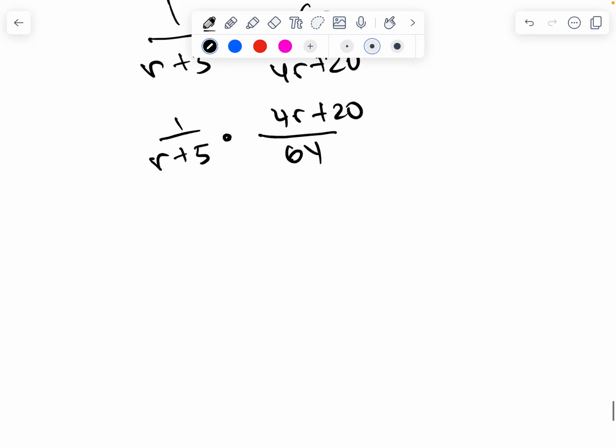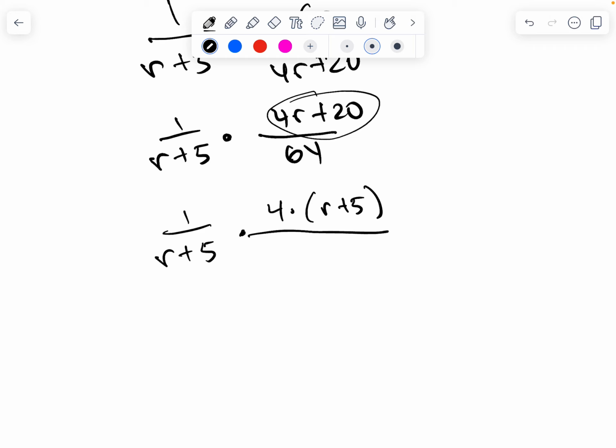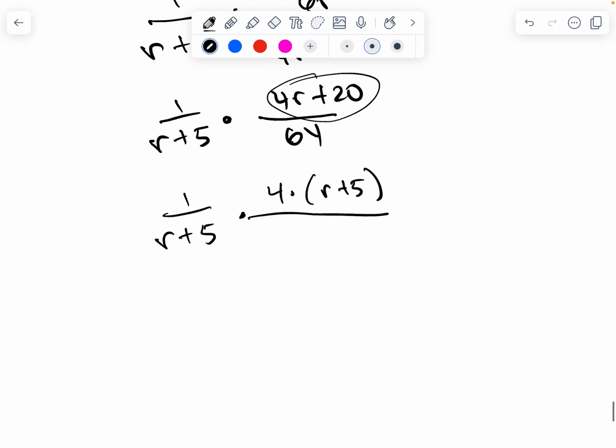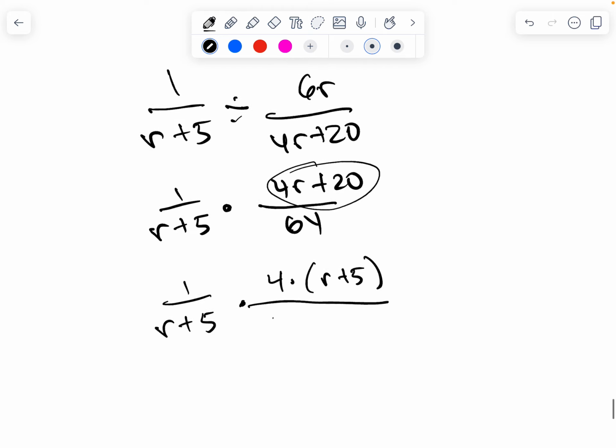Once we do that, we're going to go in and factor. The left-hand side is already factored, but on the top, 4r and 20 are both divisible by 4. That's going to be 4 times r plus 5. On the bottom is 6r. Can't read my own handwriting.